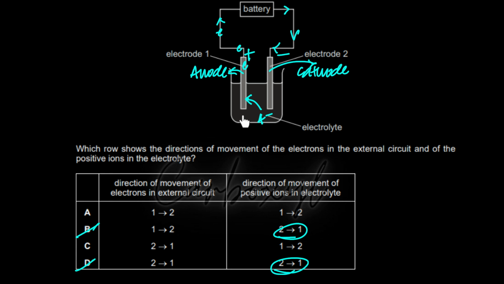And obviously when the positive ions come here, they're going to gain these electrons. So the negative ions lose the electrons, and the electrons move all the way to this particular point, and then they are gained here by the positive ions. So it's 1 to 2, right? The movement of electrons is not 2 to 1, it's 1 to 2, therefore A is the correct option.